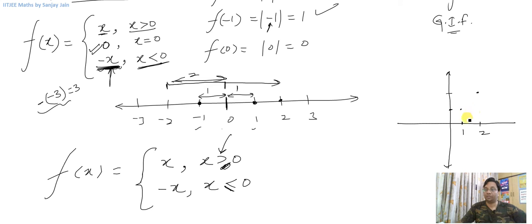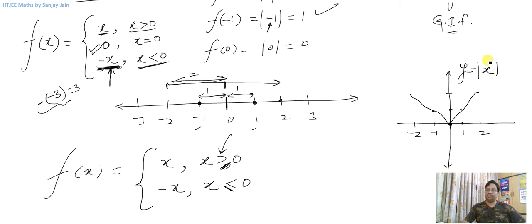So this is the corresponding point. But now look at the negative side. When I put minus 1, I'll again get plus 1. When I put minus 2, I'll get plus 2, right? So if you join these, when I put 0, I get 0. So this is also a point. When I join these points, it will be like this. This will be the graph of mod x.